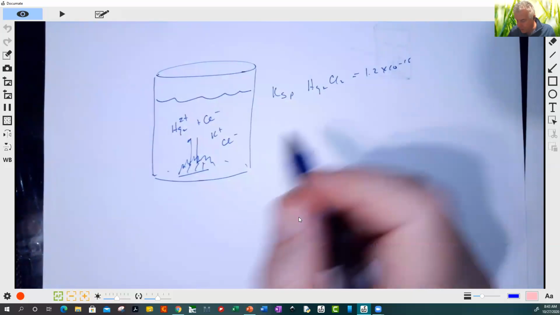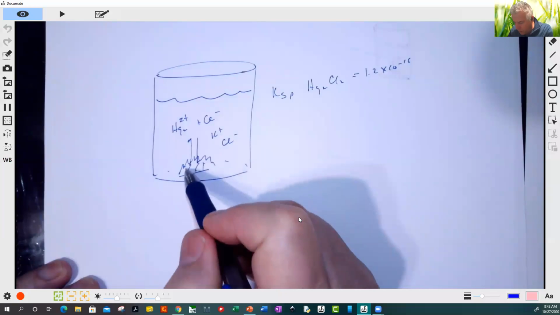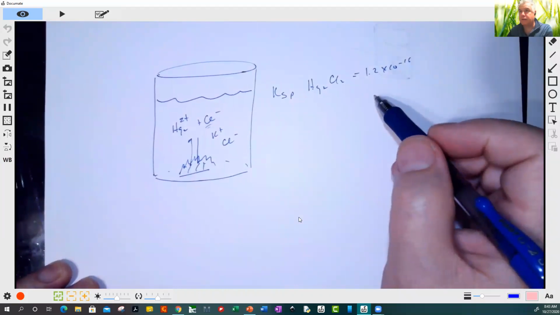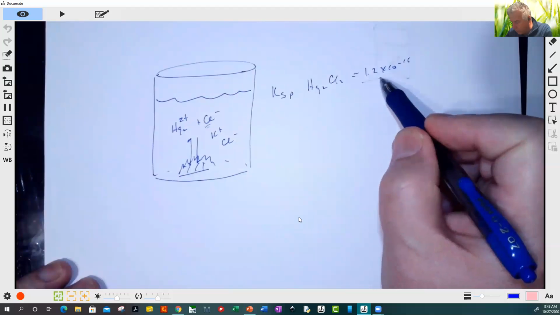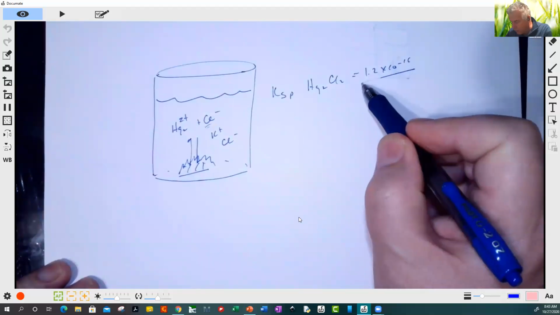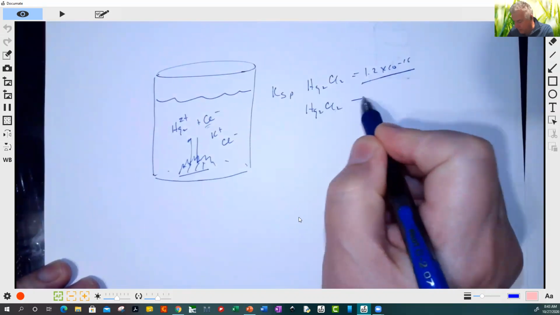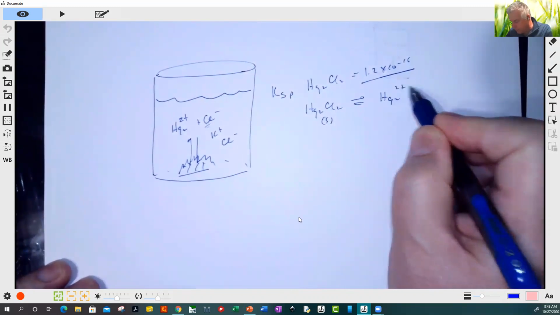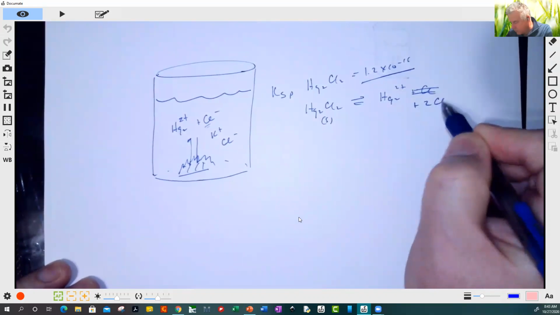Right? So now we know that when Hg2Cl2 dissolves, it will augment this chloride ion concentration a little bit, right? But let's just look at this here, and we know that it's going to be a very, very small value. This solid makes 2 Cl minus, right?